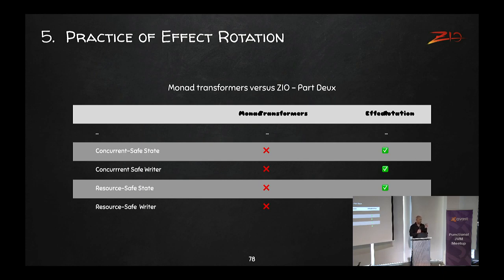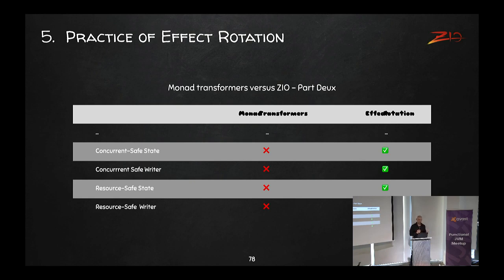So that log that's stored inside a ref and that state which is stored inside a ref, suddenly all our updates to state and the log become concurrence safe. In other words, in our concurrent application, we can have lots of different fibers all updating the log, and that's totally fine. We can have lots of different parts of our application, lots of different fibers updating state concurrently, and it's guaranteed to happen in a synchronized and consistent fashion.